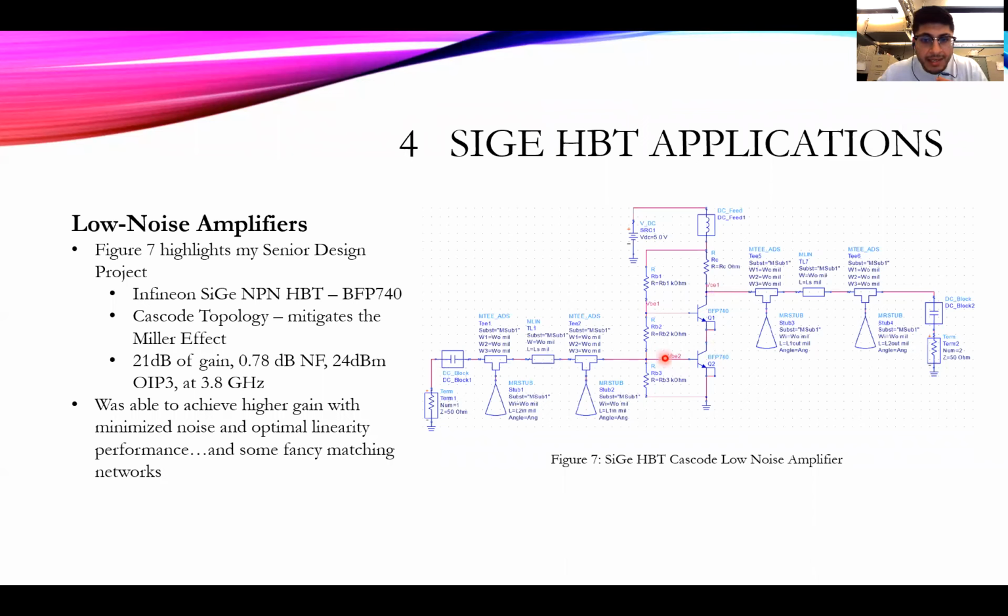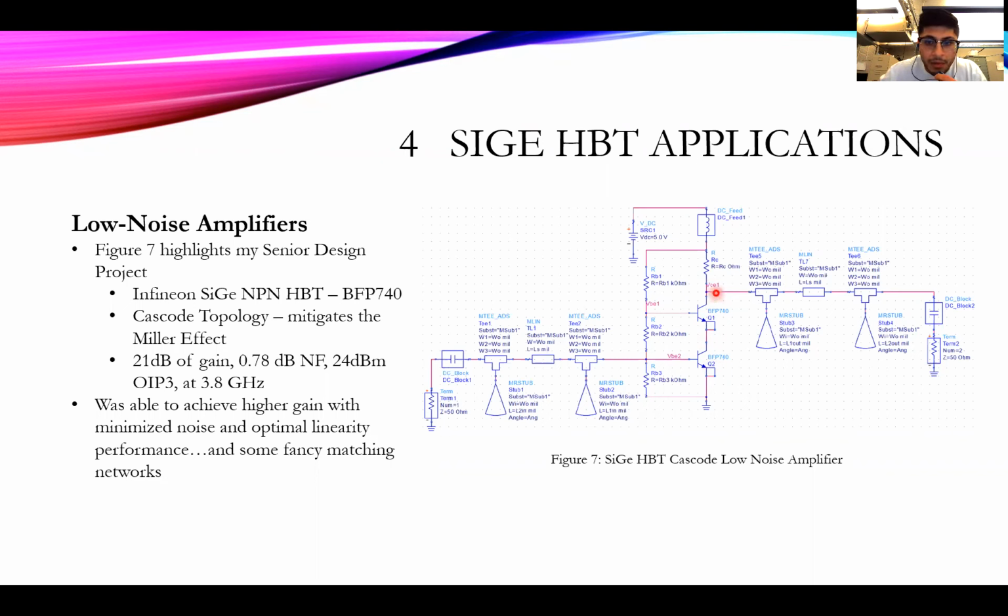The Miller effect is essentially the parasitic capacitance between the base terminal and the collector terminal. By putting another transistor between the base and the collector of Q2, we are able to mitigate the Miller effect entirely. That parasitic capacitance will short out your gain and decrease your gain at high frequencies.